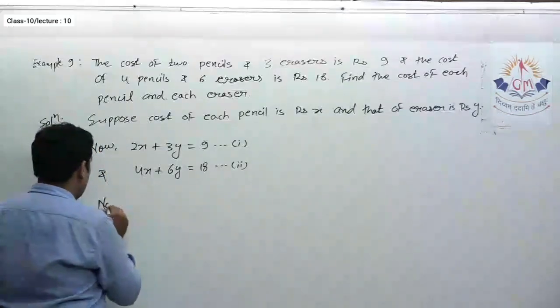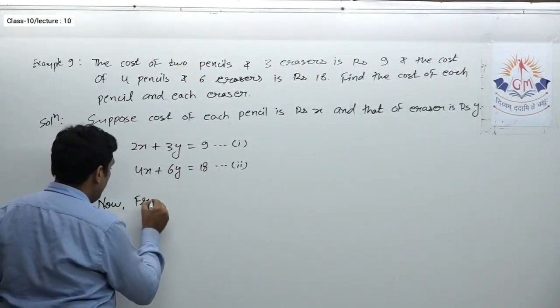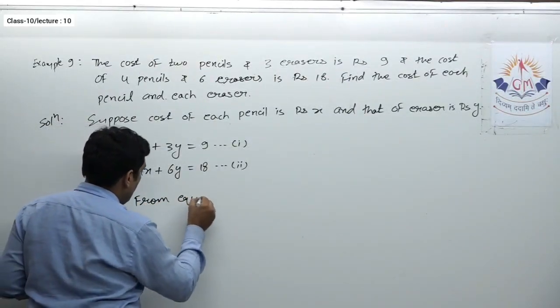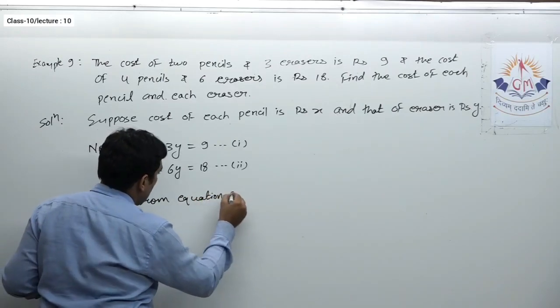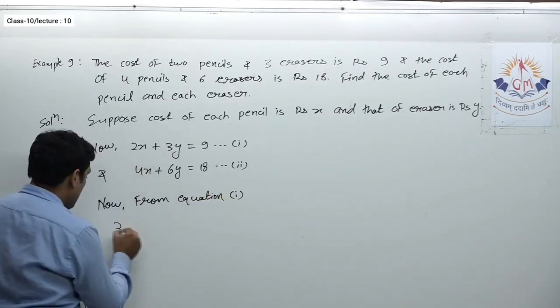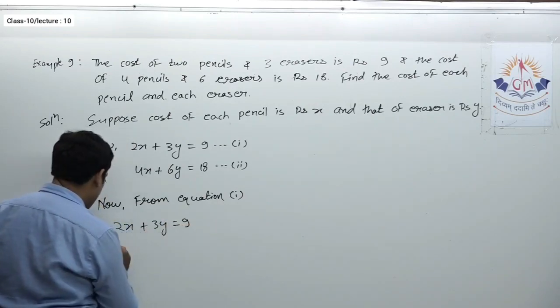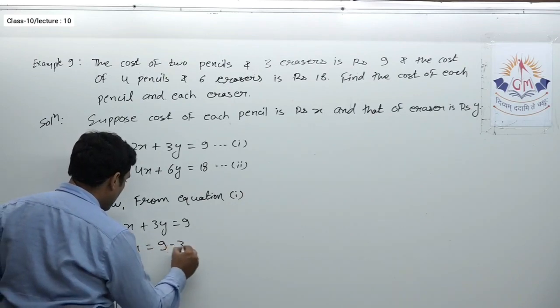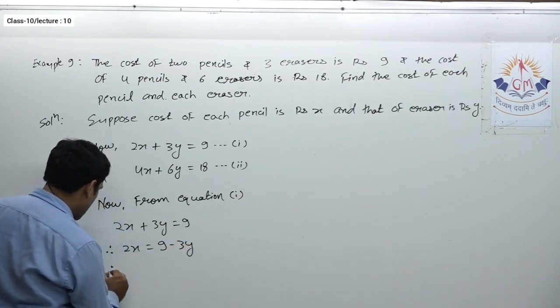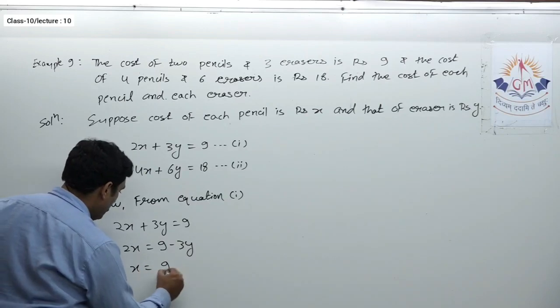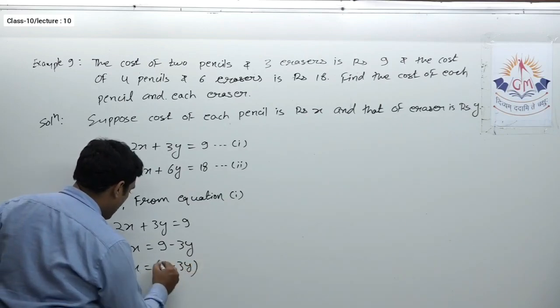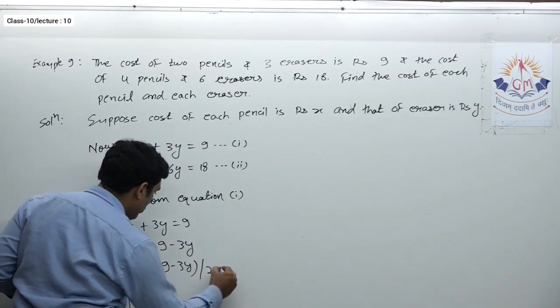So now from equation 1, 2x plus 3y is equal to 9. Therefore I can write 2x is equal to 9 minus 3y, and hence x is equal to 9 minus 3y divided by 2.